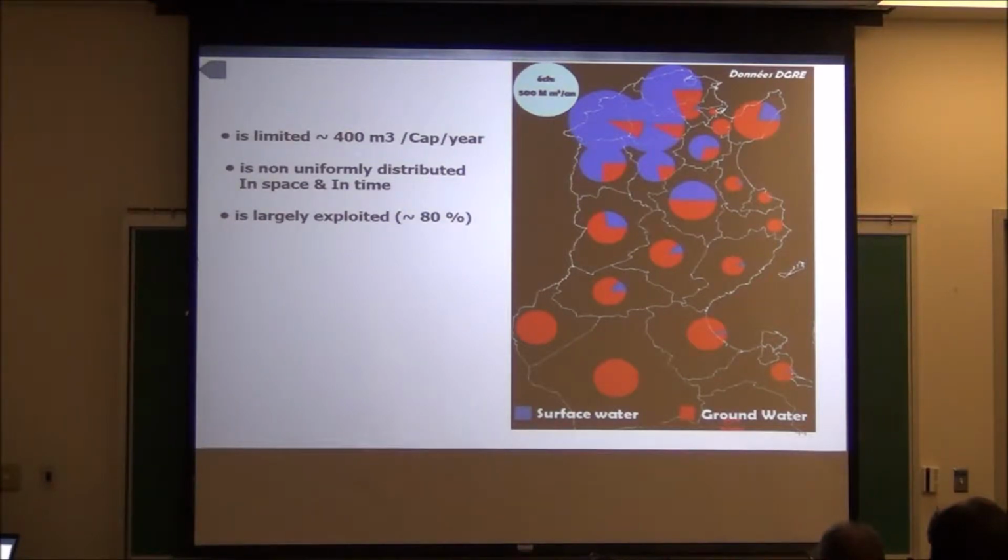And this water resource is limited to less than 400 cubic meters per capita per year, and it is not uniformly distributed in space and time in the country. And it is largely exploited. About 80% of the groundwater resources are exploited.